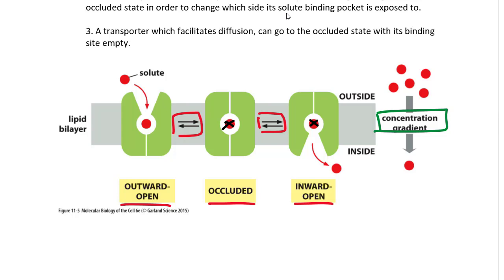There is no rule saying that it must necessarily pick up something to switch from one state to another, or at least from inward open to occluded or from outward open to occluded. It could go empty-handed. And now the question becomes, wait a second, if this is all probabilistic and there's no guarantee that you go in one direction or the other, how does this facilitate diffusion?